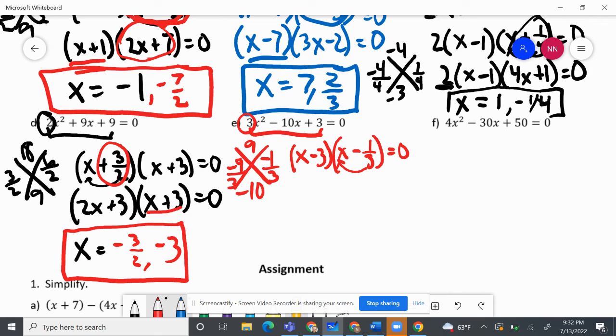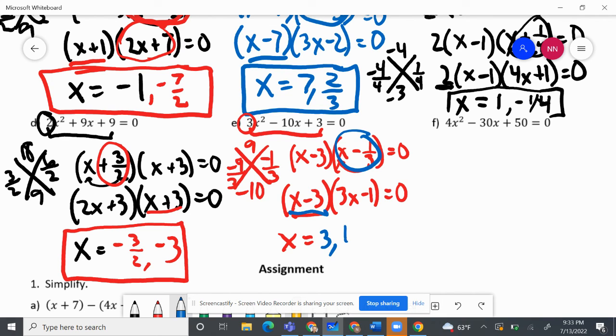We're going to bring the bottom to the top, and we have x minus 3 and 3x minus 1 is equal to 0. Our zeros, what gives us a 0 here is 3. What gives us a 0 here is 1/3.